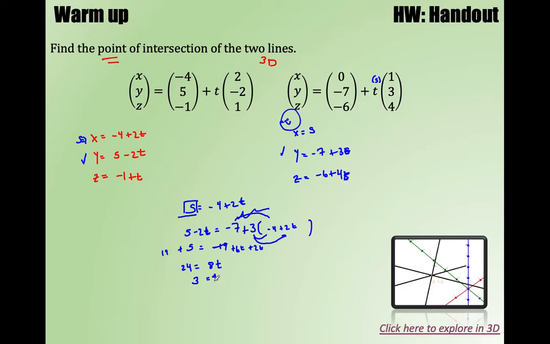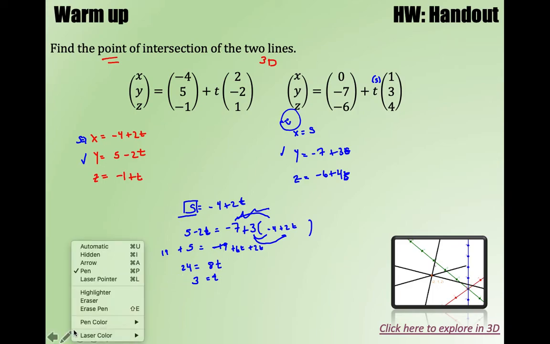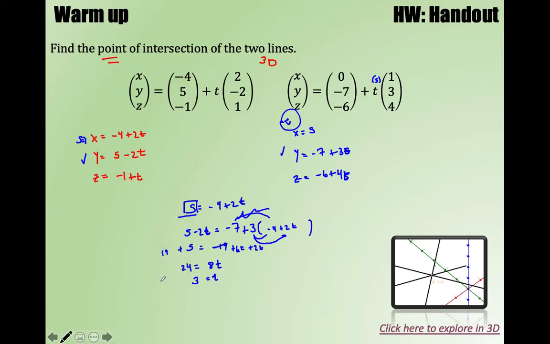So if my t is equal to 3, all I have to do is solve for s, but don't I have an expression where s is alone? Here's s all by itself in terms of t.